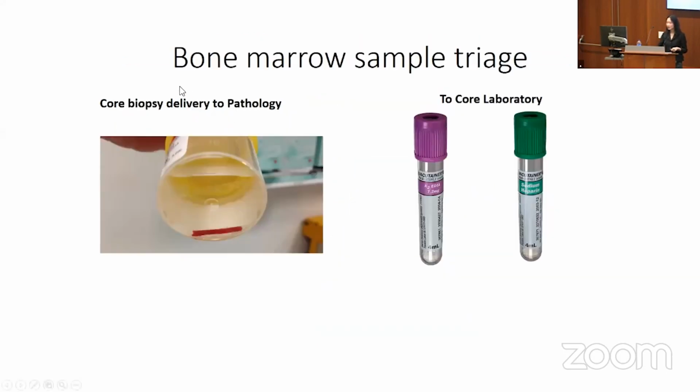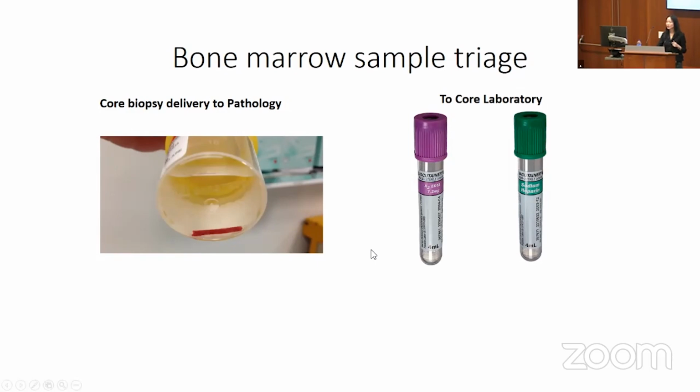And just to illustrate that, here is the core biopsy sample. In our jar, there is B+ fixative in there. In other jars, there might be formalin. So there are specific jars that we provide to the floors in order to put the samples in.